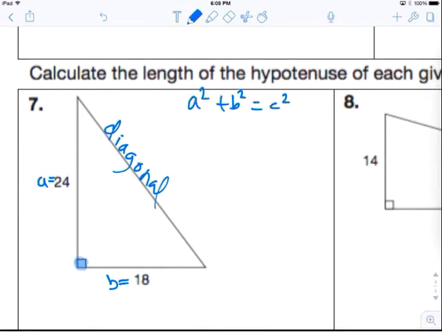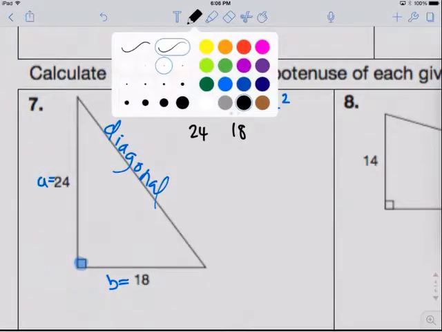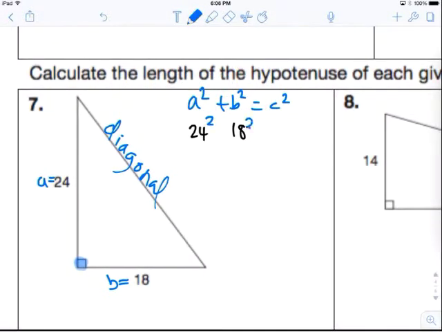That's my formula. And then I put 24 for A and 18 for B. Bring down the squared, bring down the plus, bring down the C squared. For C squared I put diagonal squared.